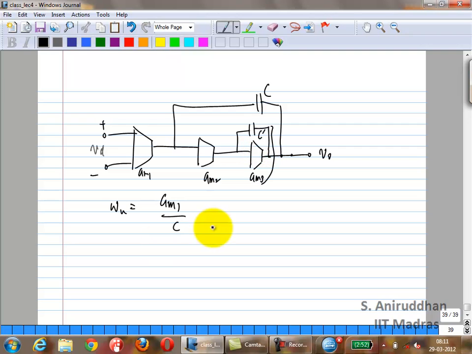Okay? What is the DC gain? Right? This is the DC gain.